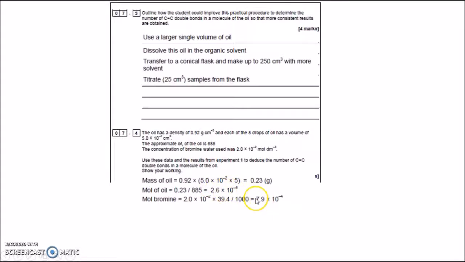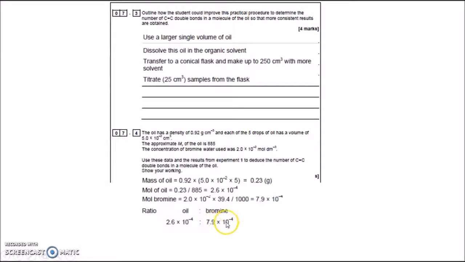If it were a 1-to-1 ratio, there'd be 1 double bond in the oil, but there must be more than 1 double bond in the oil because I'm needing a lot greater number of moles to react with the oil. So what I do is I look at the ratio. The amount of oil that I have, 2.6 times 10 to the minus 4, compared to bromine water, 7.9 times 10 to the minus 4.